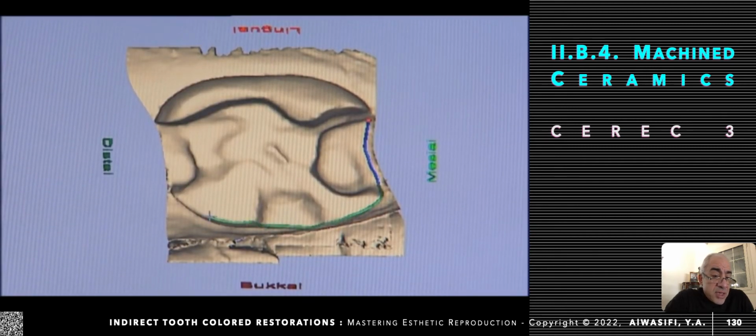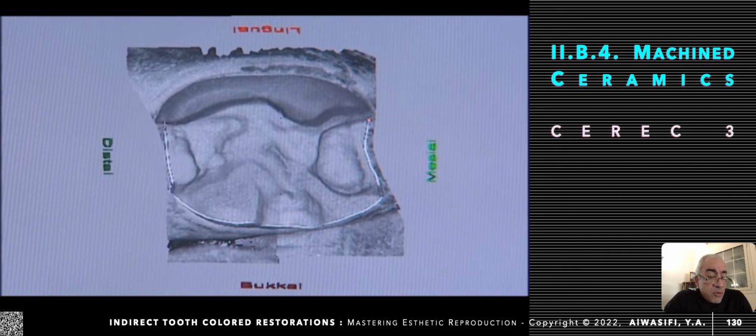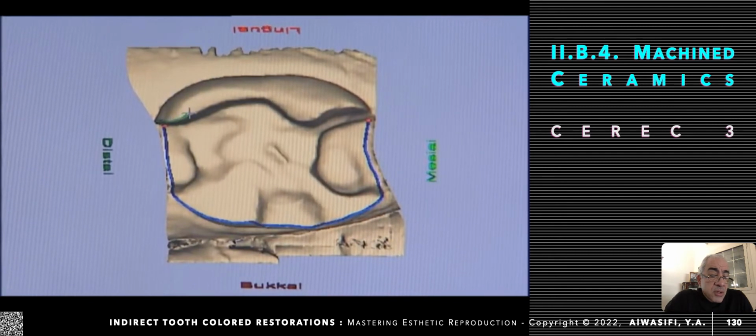He's now tracing the margins. Okay. Some software gives you proposals or suggestions for tracing the margins, and you review it and correct it if you would like, or accept what is proposed or traced by the software itself.